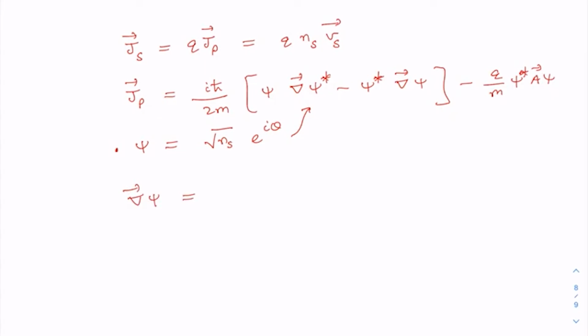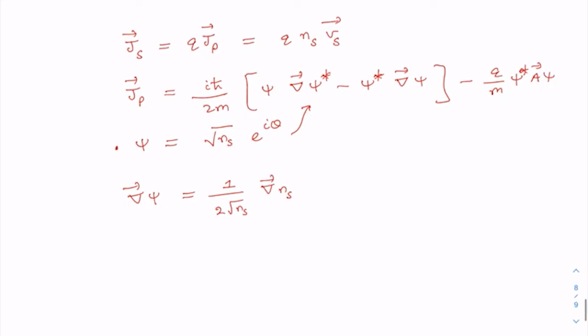You will see that that would be simply 1 by 2 square root of ns, times grad of ns e to the power i theta, plus i e to the power i theta square root of ns grad theta.